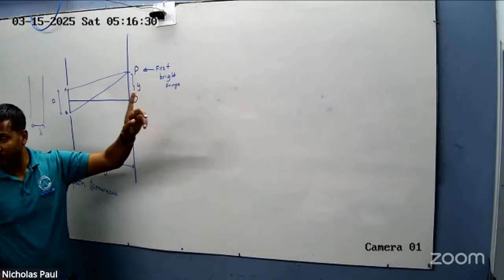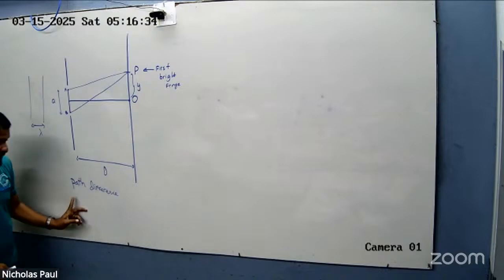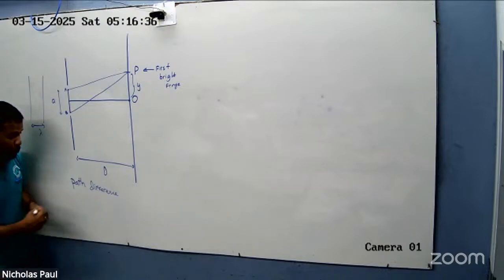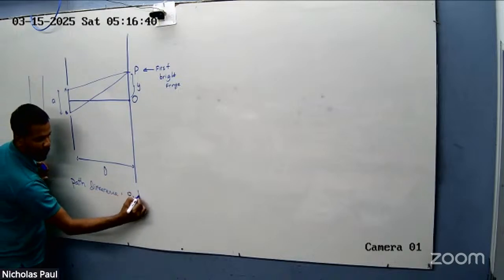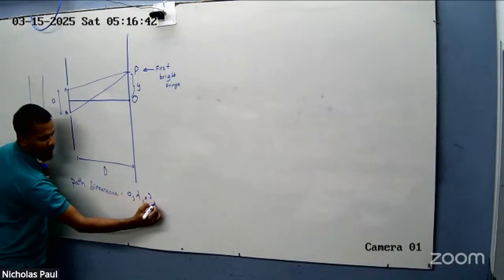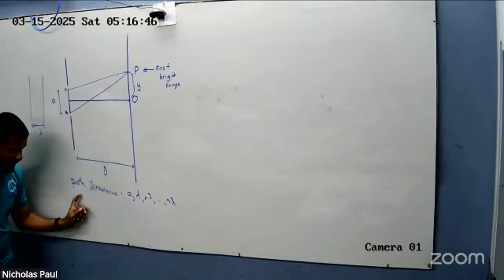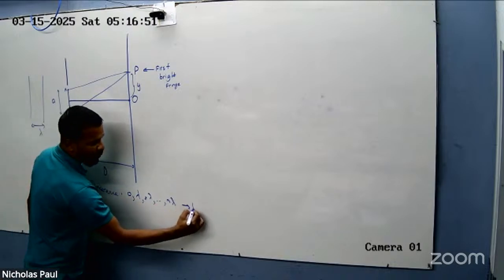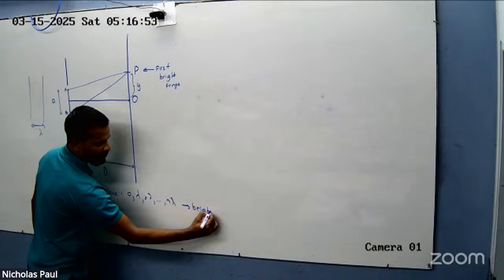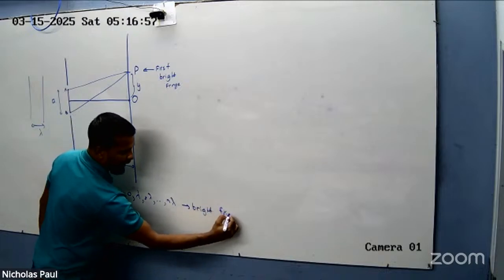Phase difference is very similar to path difference. Whenever the path difference is 0 or lambda or 2 lambda, a whole number of wavelengths, you end up with a bright fringe.